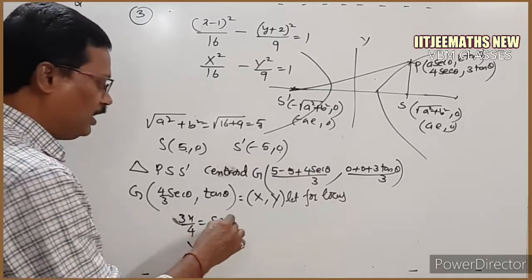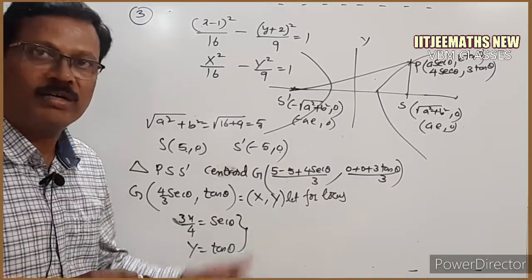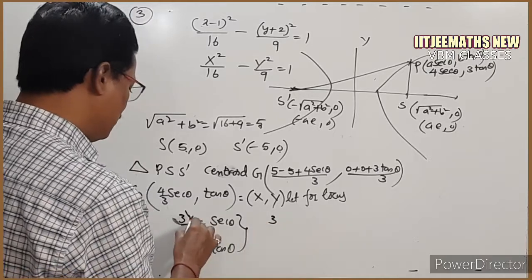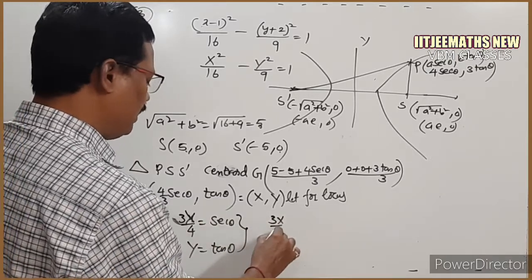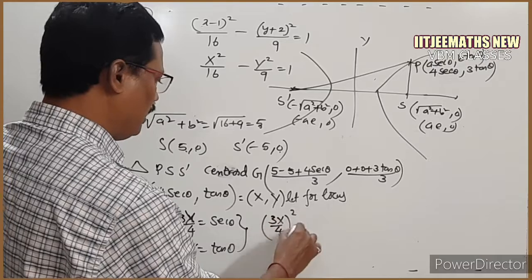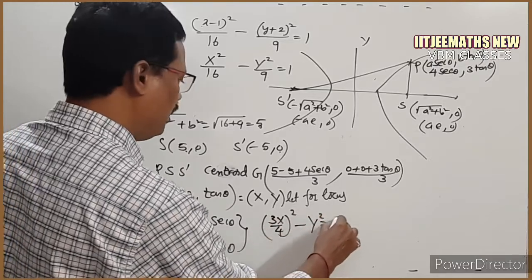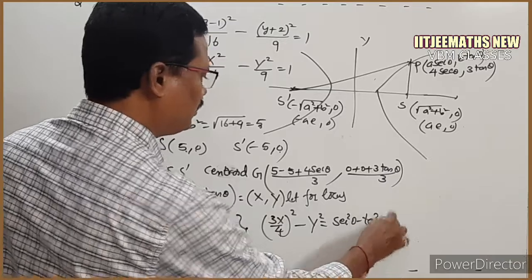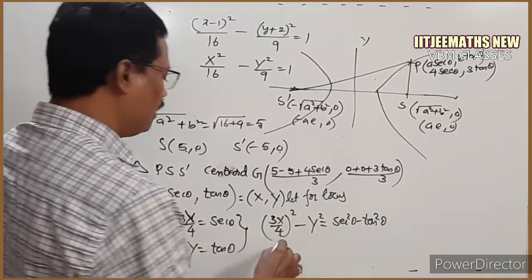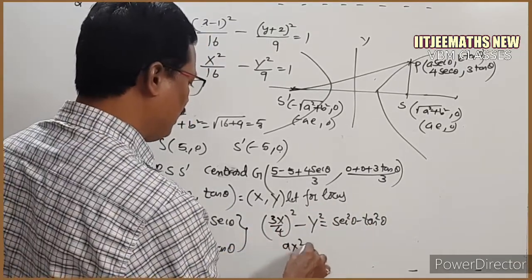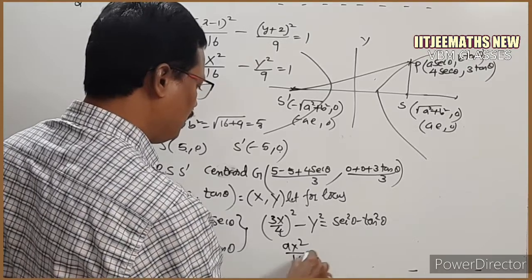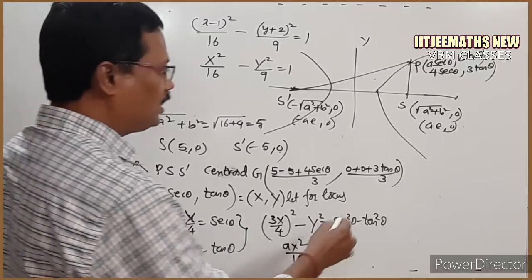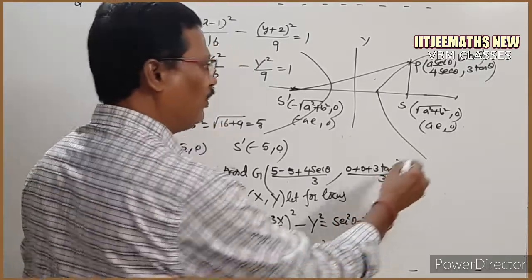Let us eliminate theta, that is called the centroid locus. Now how do we eliminate? This is (3X by 4) whole square minus capital Y square is equal to sec square theta minus tan square theta. Therefore, this is 9X square by 16 minus Y square is equal to 1. Therefore, that is 16 after LCM, we get like this.